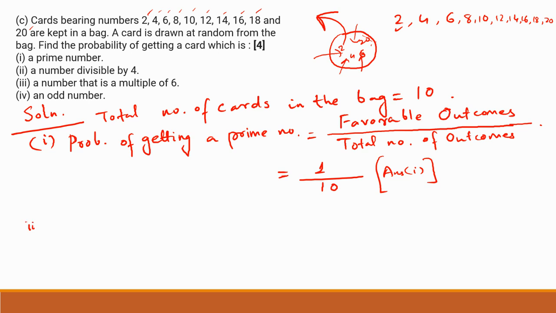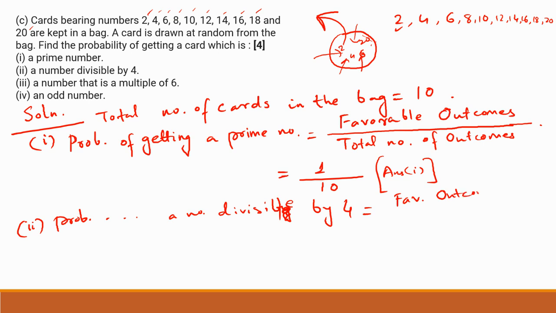Number 2, probability of getting a number divisible by 4. Sorry. Again you write favorable outcomes divided by total number of outcomes. With boards, I don't want to take any chances.